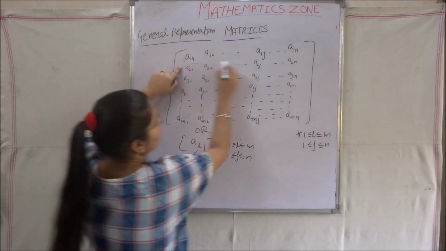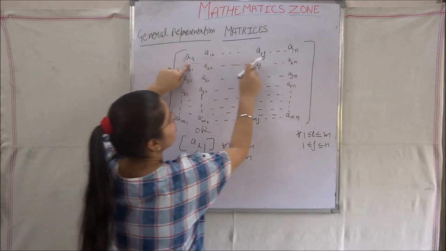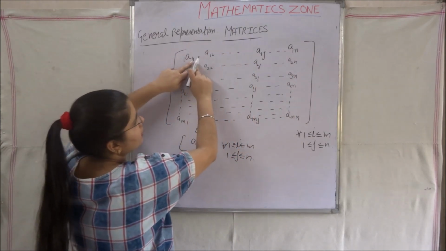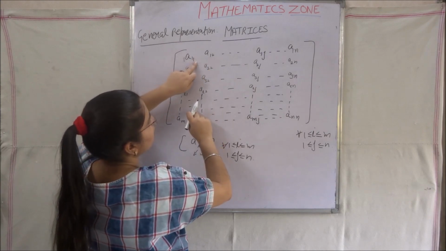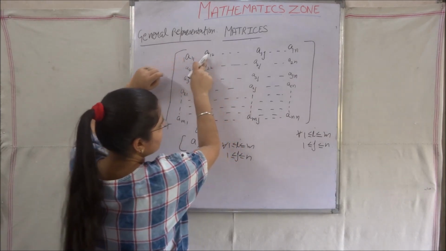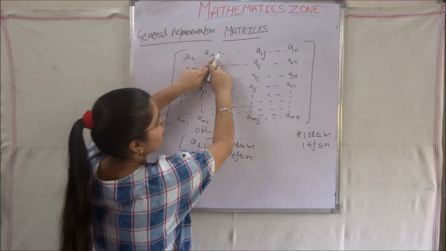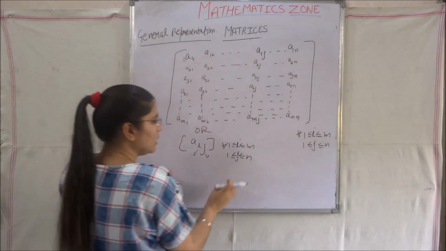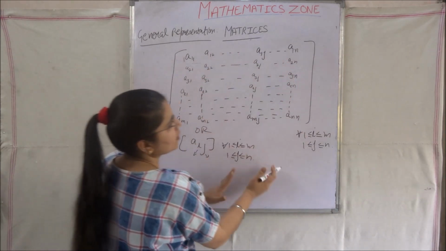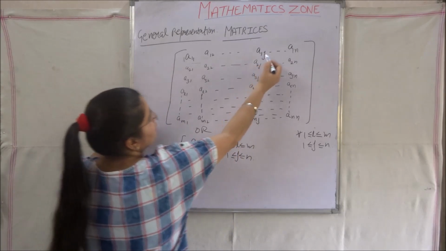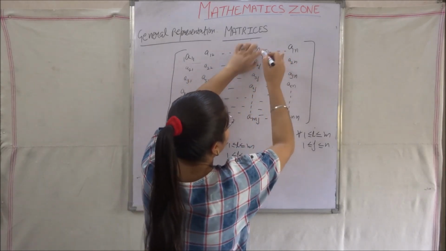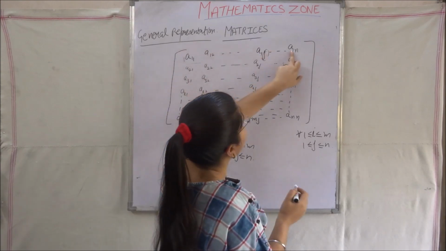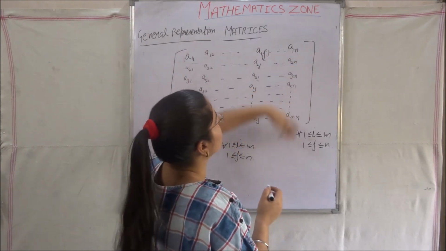So this is our first row, so the row will remain 1 throughout these elements. Then first row and second column, so A12. This is our first row and jth column. j will be any column which lies from 1 to n. And this is our jth column. In a similar way, the last element will be first row and nth column, A1n.